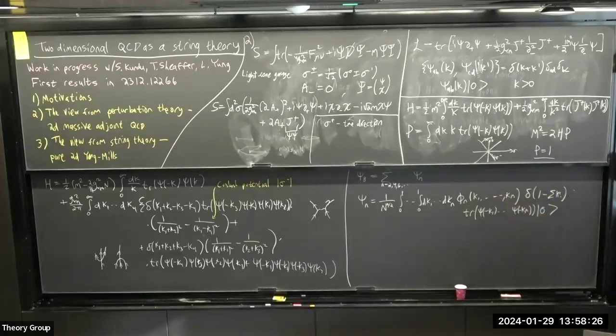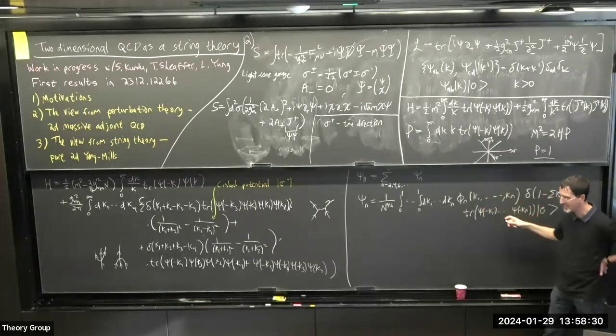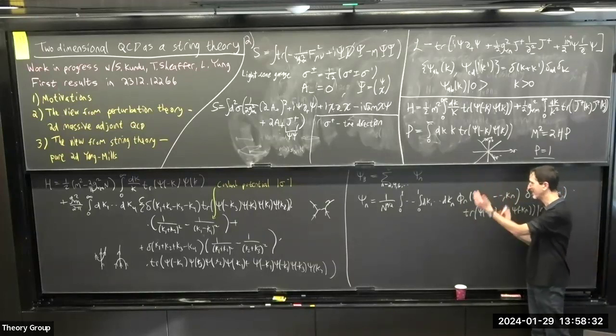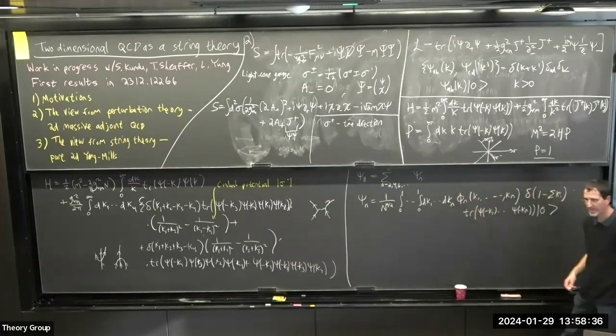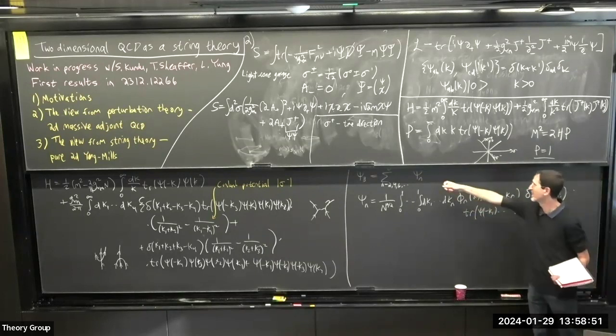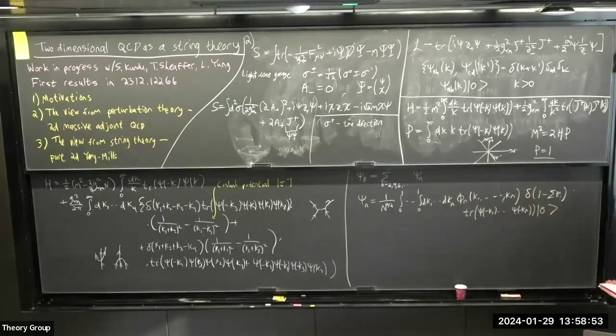But in the large N limit, we expect that single particle states will be predominantly given by a single trace, and there will be mixing at order 1 over N with multi-trace states. So at leading order in the large N limit, at least we can focus just on single trace states, and they take this form. If we're just looking at single traces, then we have one wave function for every n, and what we need to do is plug this into the Hamiltonian and try to diagonalize it.